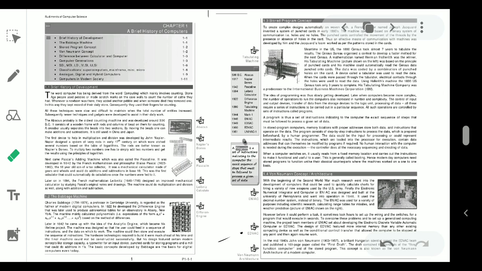So first, John von Neumann gave us the concept of memory. Memory means that previously we were giving the input and calculating it, but remembrance of the input or output did not occur. John von Neumann introduced this first concept of the memory unit.